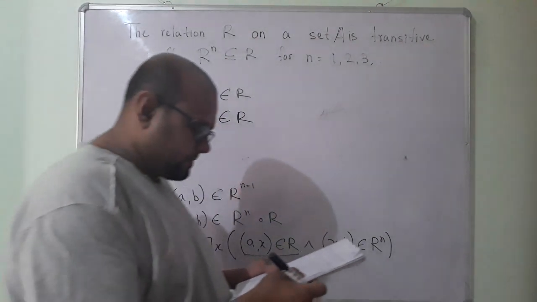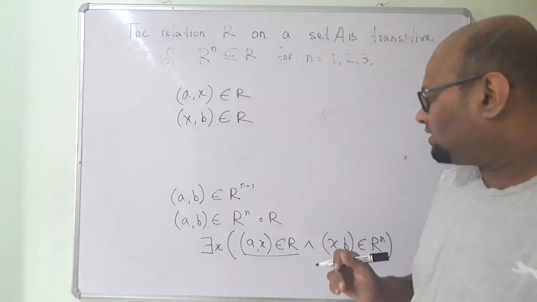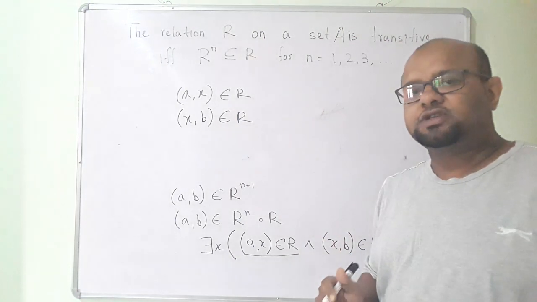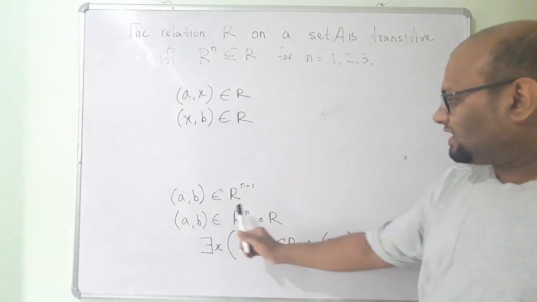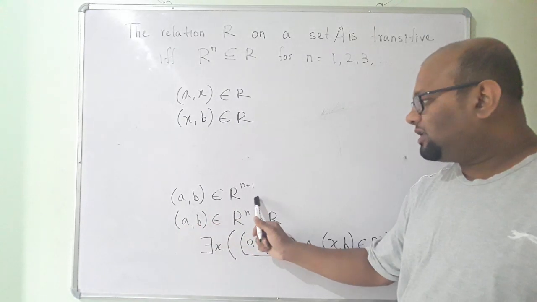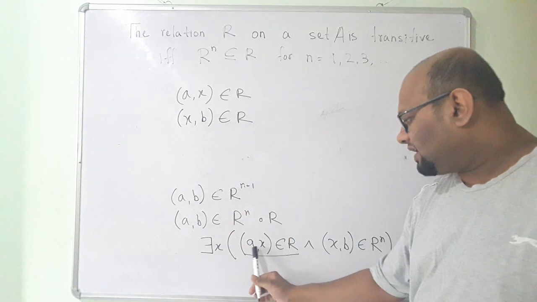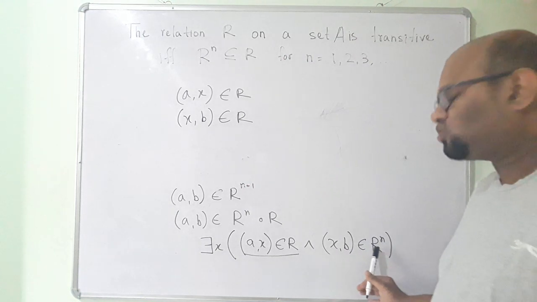Correct? Think about it. What was our inductive hypothesis? Our inductive hypothesis said that R^n is a subset of R. Then we assume that AB belongs to R^(n+1). So there must be some AX that belongs to R and there is some XB that belongs to R^n.